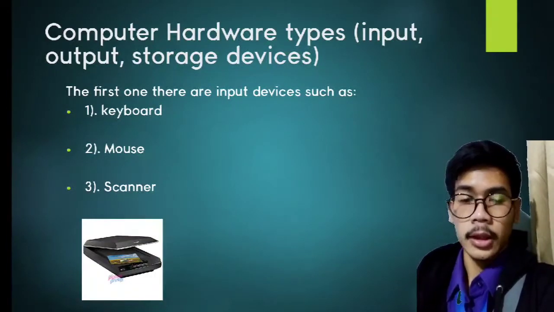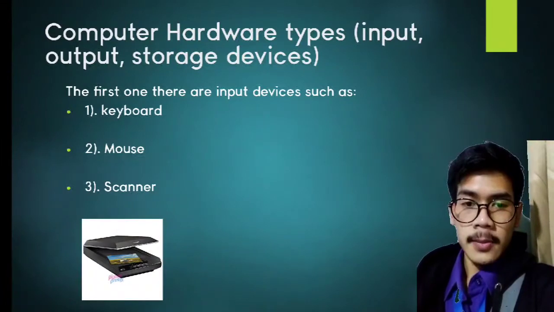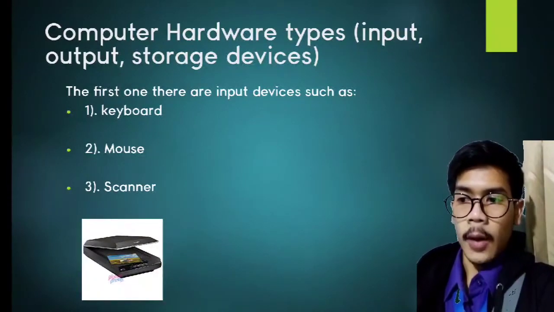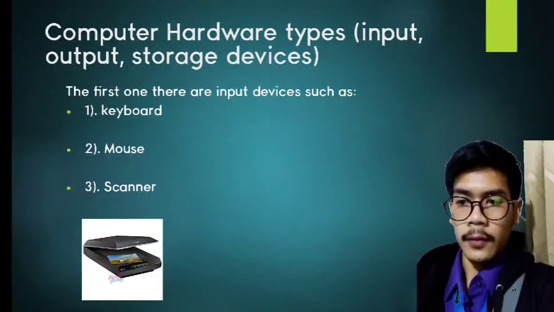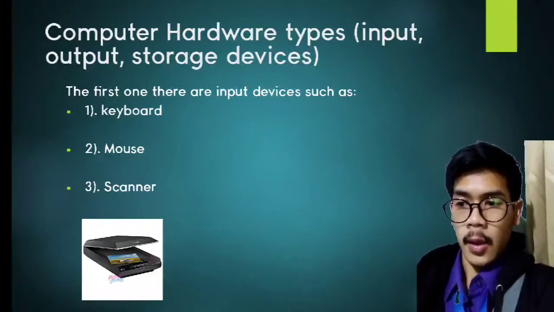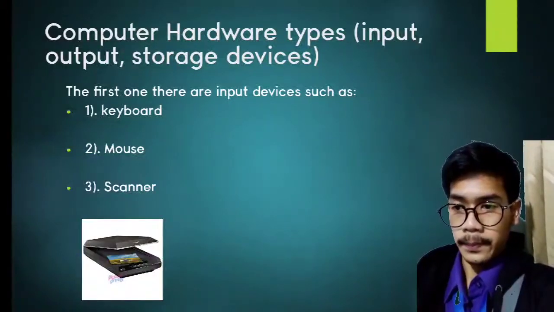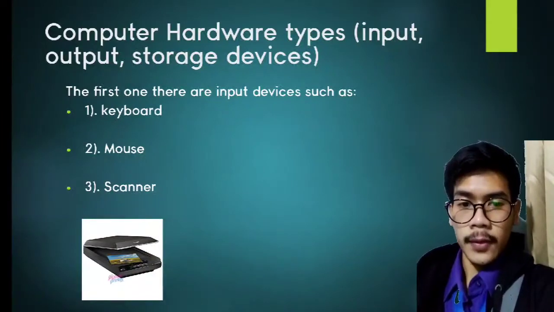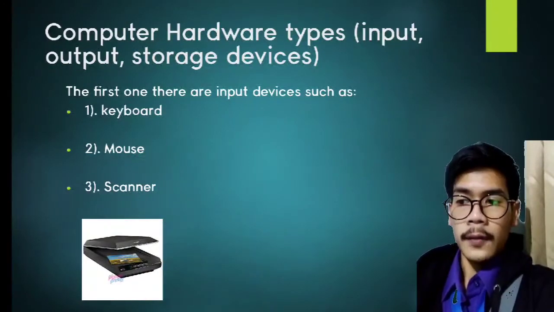Keyboard can be used to input data as a whole on a computer system. Number 2, mouse. Mouse is a computer peripheral device used to input data in the form of cursor movements, clicks, and scrolls. Number 3, scanner. The input hardware on a computer with input data in the form of a scan of a document, like a photocopier.